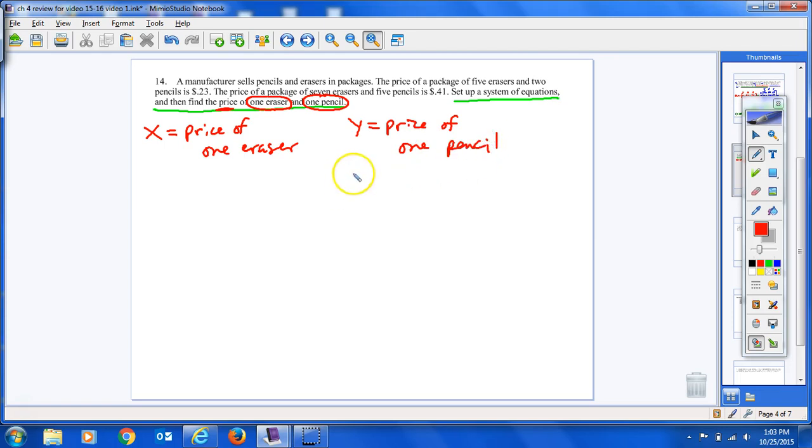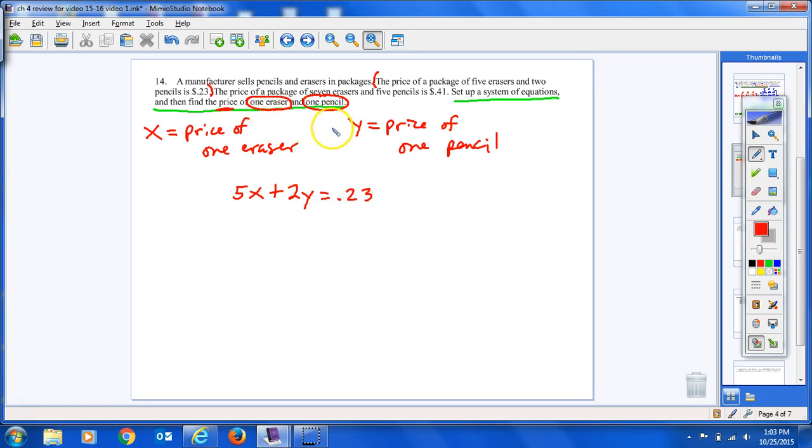Okay, and from the information that I'm given, I'm going to write two different equations. All right, so let's go to this sentence right here. The price of a package of 5 erasers, 5 times X, which represents the price of one eraser, and 2 pencils, so add 2Y, that should be 23 cents.